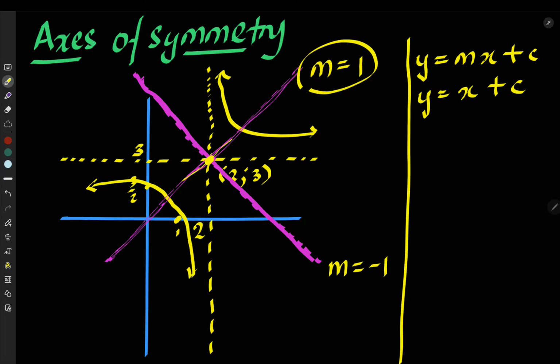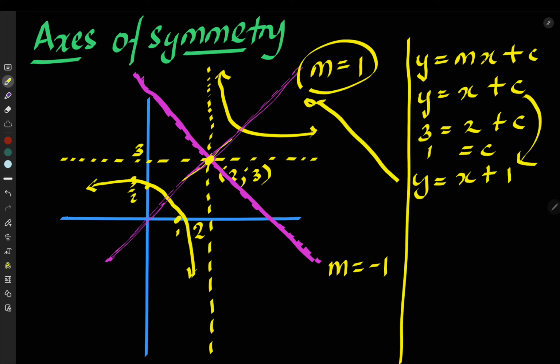The given point is the point of intersection of the two asymptotes, the vertical and the horizontal. So we substitute that. y is 3, so 3 is equal to 2 plus c, then c is equal to 1. So this equation can be written as y is equal to x plus 1. That is one equation of the axis of symmetry.